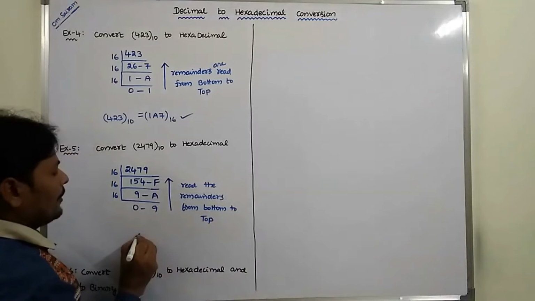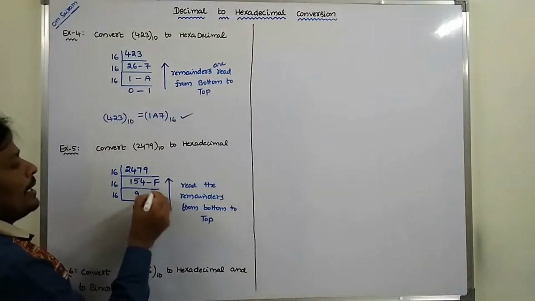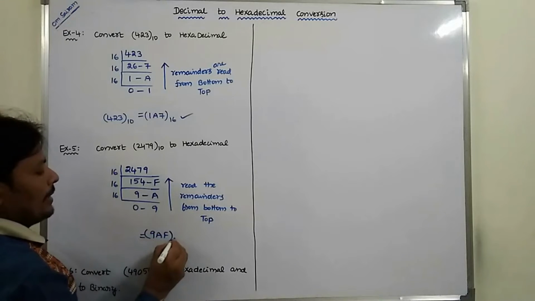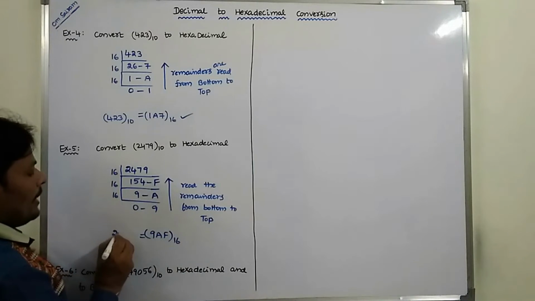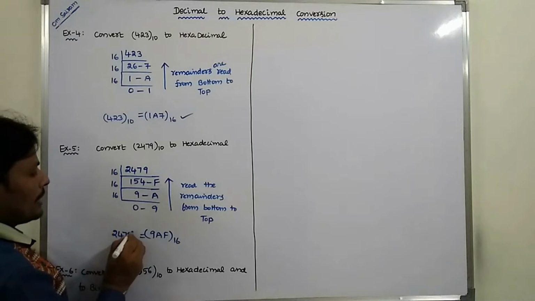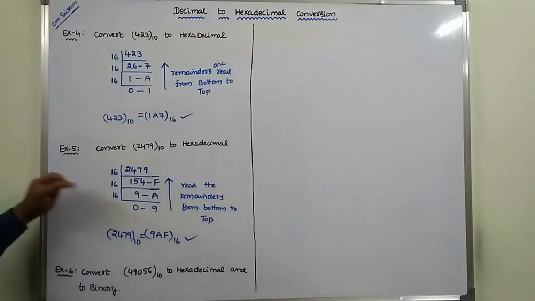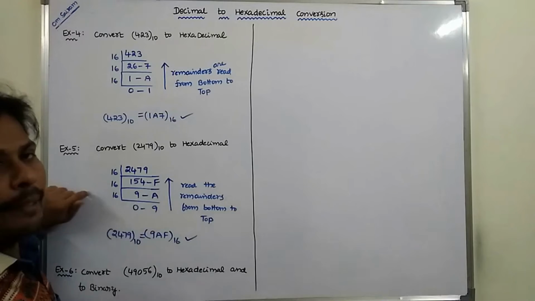So therefore 9AF base 16 for the given decimal number 2479 base 10. Okay, this is the answer. Here we have also used the successive division by 16 method.